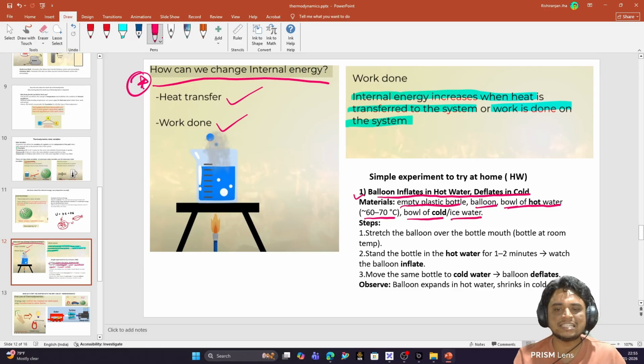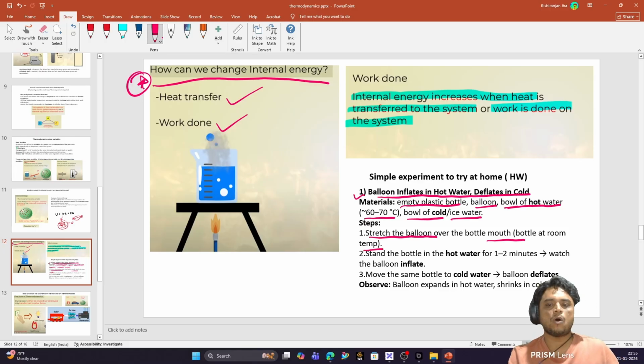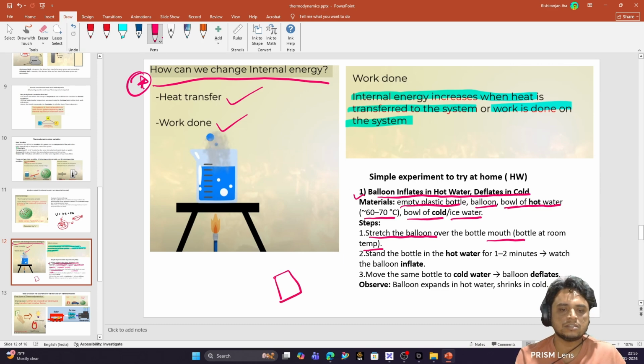For the first experiment, just stretch the balloon over the mouth of a bottle at room temperature, and put that bottle inside the hot water. After 1 or 2 minutes, the balloon will inflate. What is happening is that the molecules of the gas inside the bottle start to jiggle.